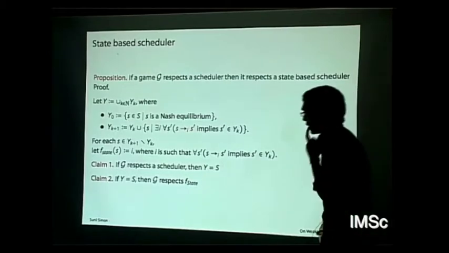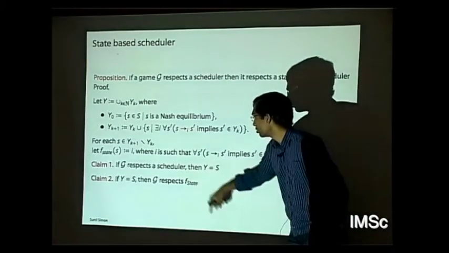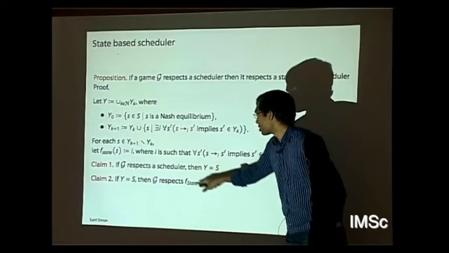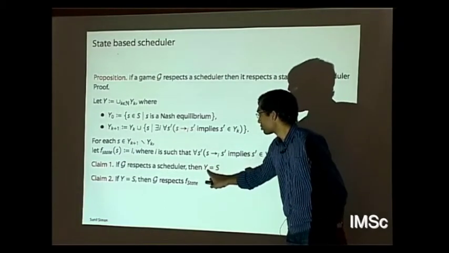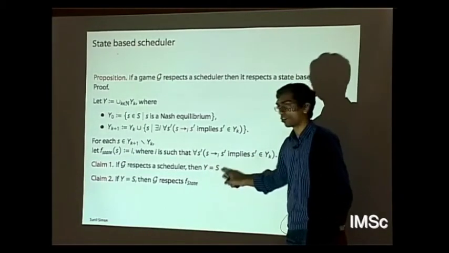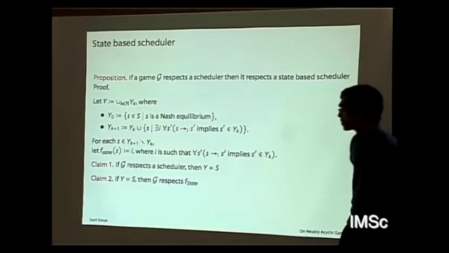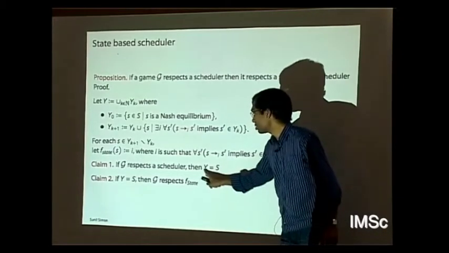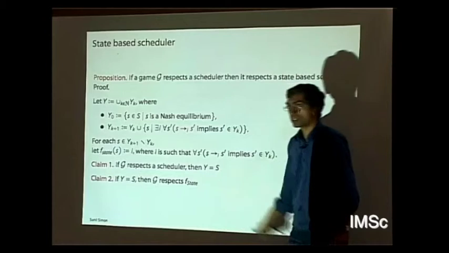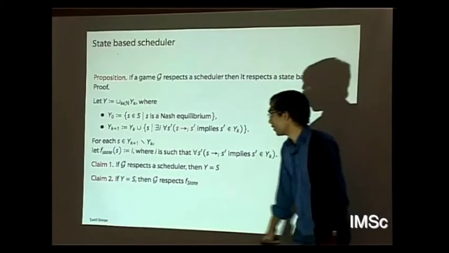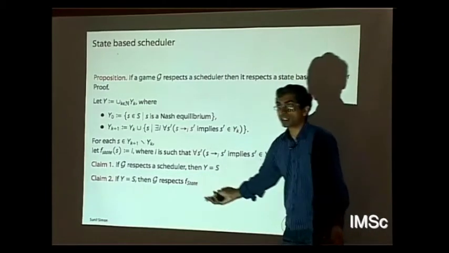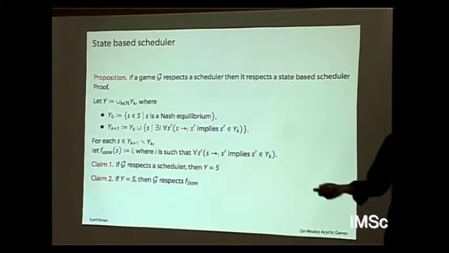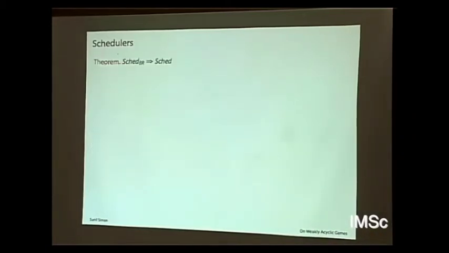So you can show that the game respects a scheduler if this fixed point that you reach is essentially the set of all strategy profiles. And the other way around, if the fixed point is the same as the set of strategy profiles, then you can actually build a state-based scheduler. So you don't need to look at prefixes, you just need states.